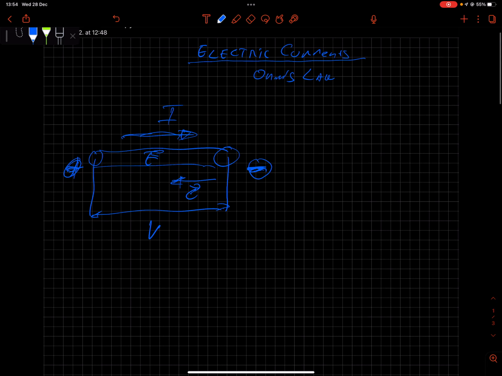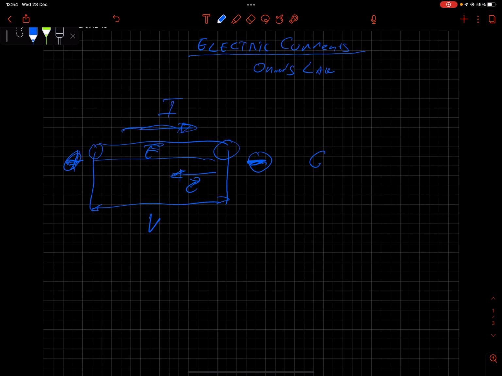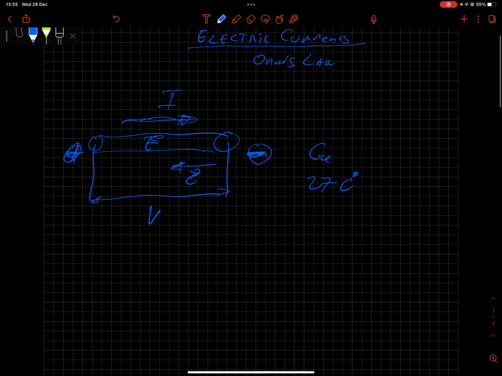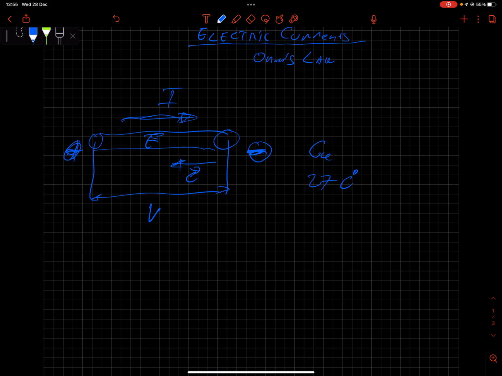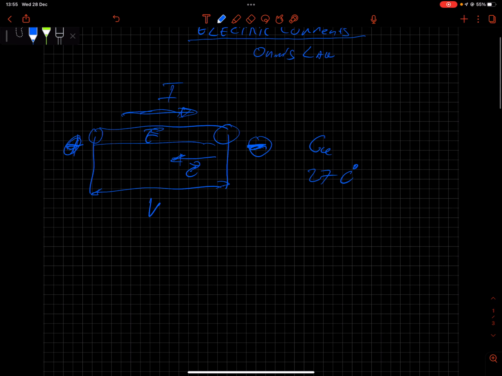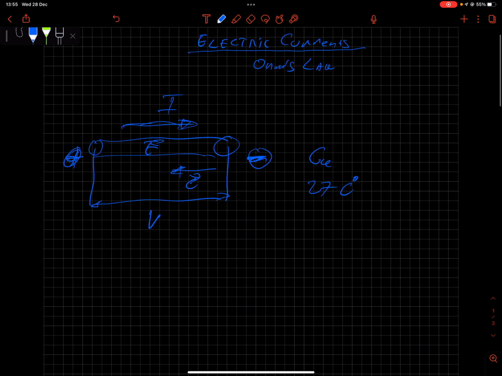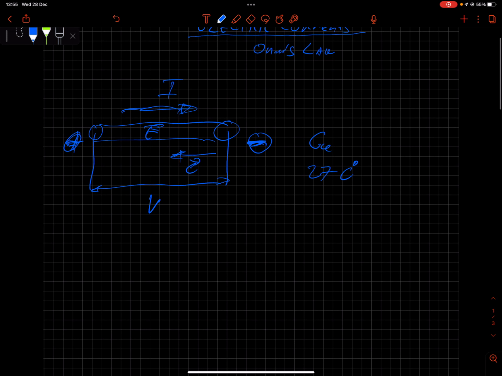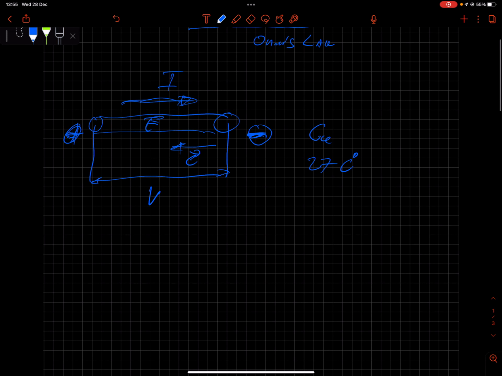Let's say that we have copper at room temperature, like 27 degrees Celsius, and at that temperature, free electrons have a speed, and this speed is quite remarkable, it is 10 to the 6 meters per second.